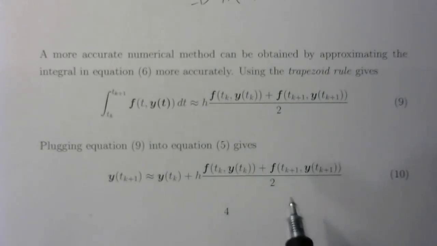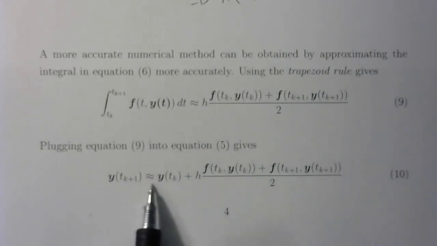So this is of course an approximation, but if I say that yk plus 1 is a good approximation for this guy, move on to page 5.